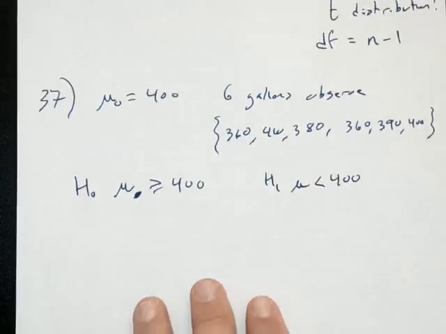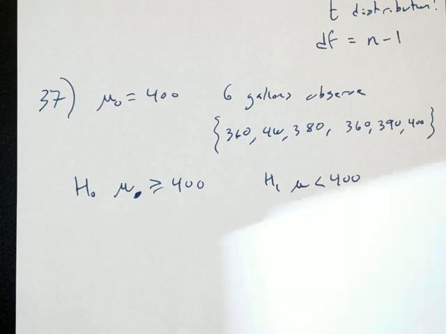So, what I need is to know whether I'm doing a left, right, or two tail idea here. Where do we reject?